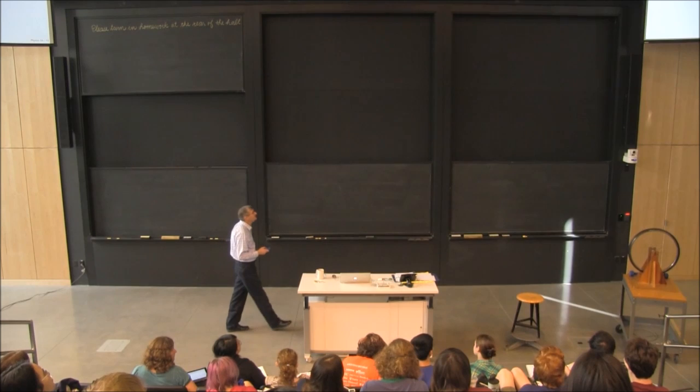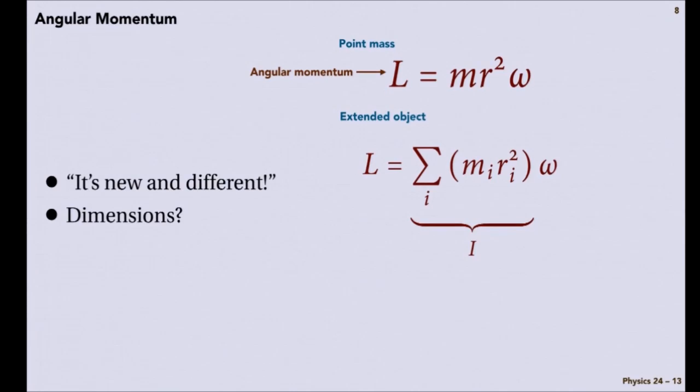Okay, so what are the dimensions of moment of inertia? So that's just mass and length squared. So M and L squared. And what about angular momentum? So let's just compare.